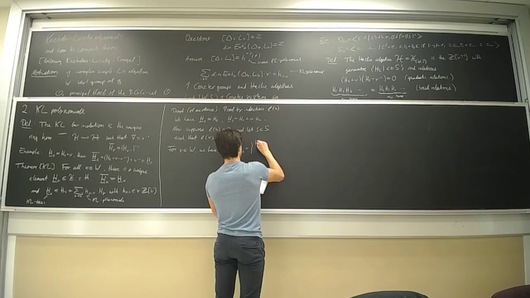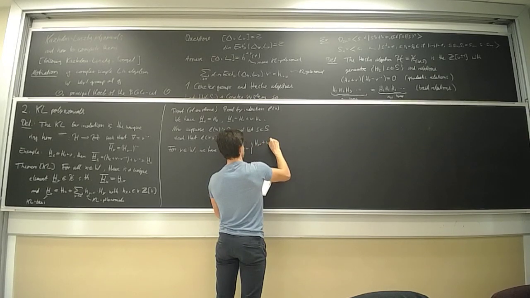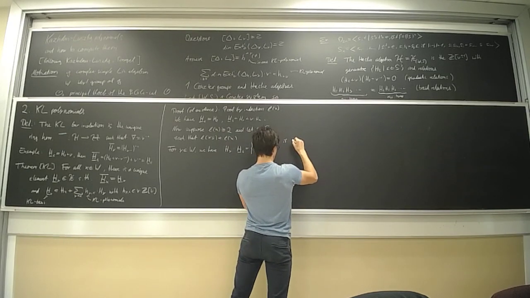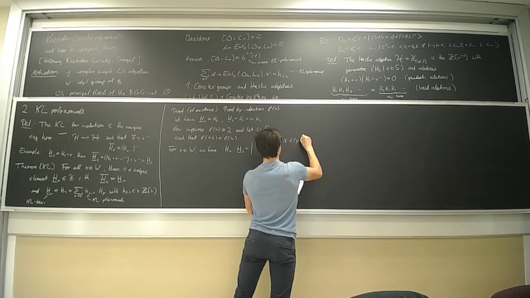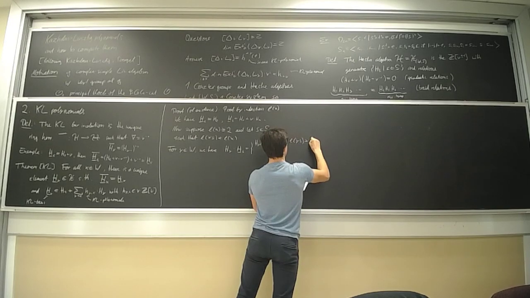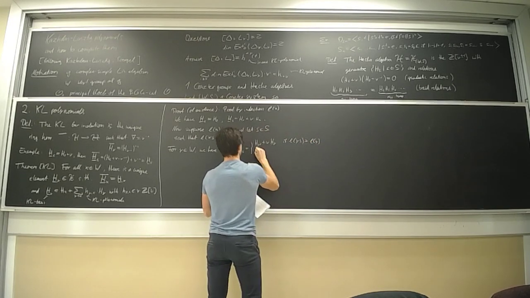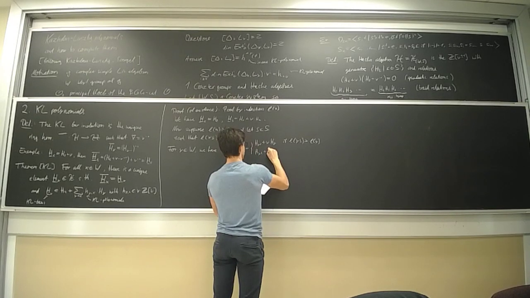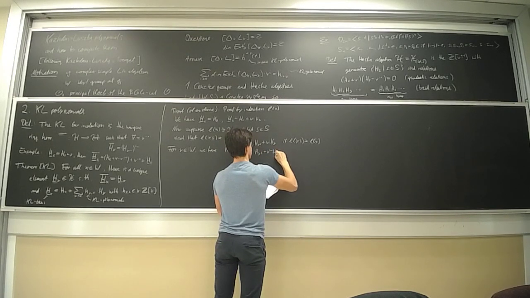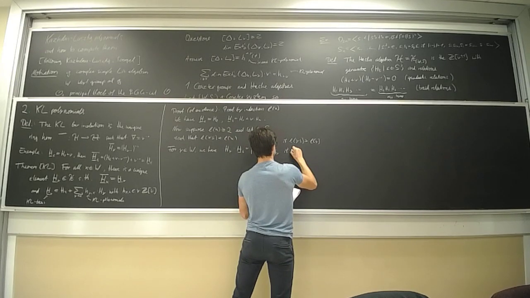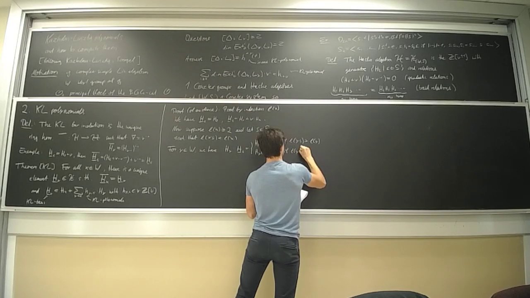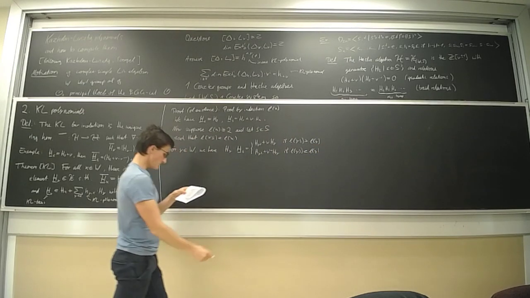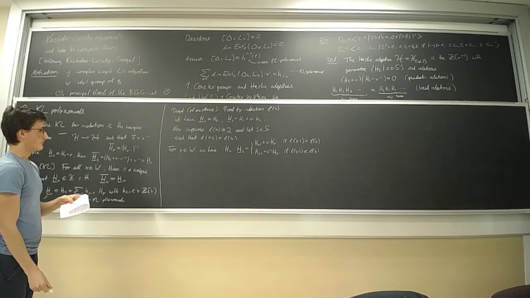Either you get h_ys plus v times h_y, and this happens if the length of ys is greater than the length of y, or you get h_ys plus v inverse times h_y, and this happens in the opposite case, so if the length of ys is less than the length of y.